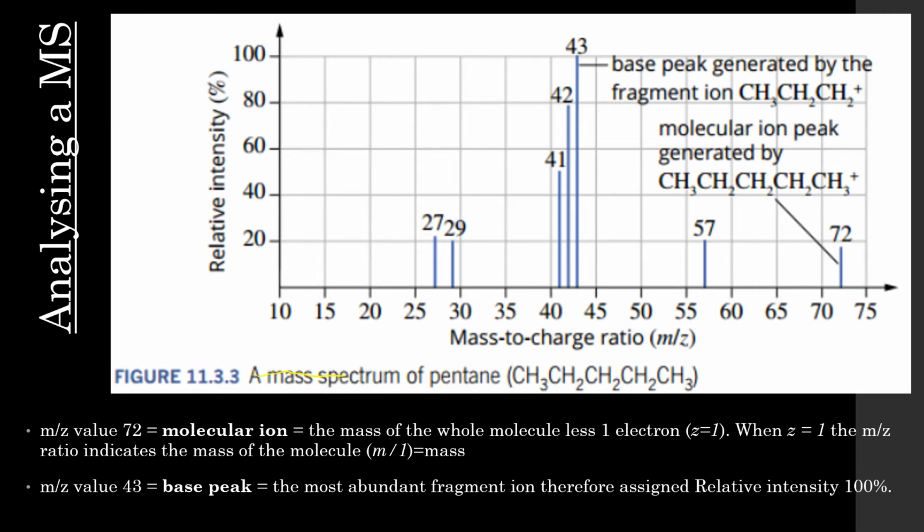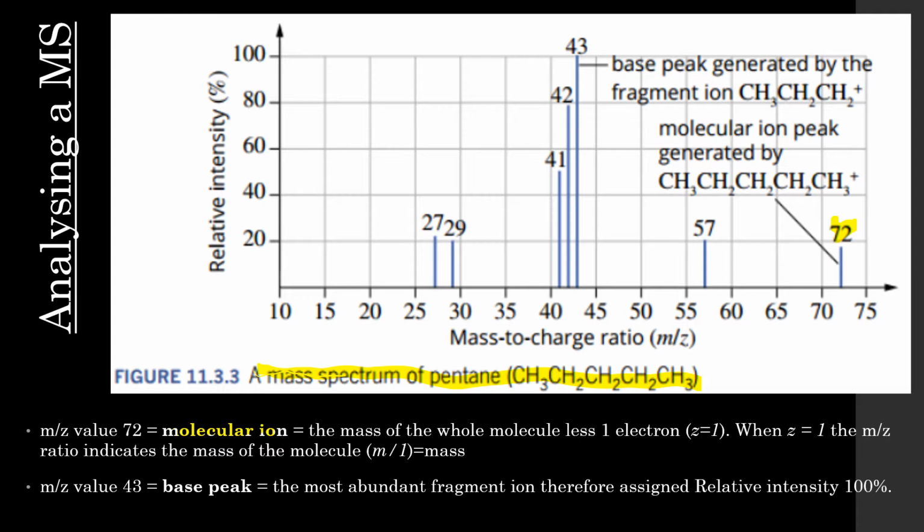Get our highlighter out. So pentane, what is it? C5H12, so it's got a mass of 72. You can pretty well straight away figure out, by calculating through the periodic table or interpreting the mass spectra, that the m/z value of 72 has got to be the molecular ion. That's the mass of the whole molecule less one electron.